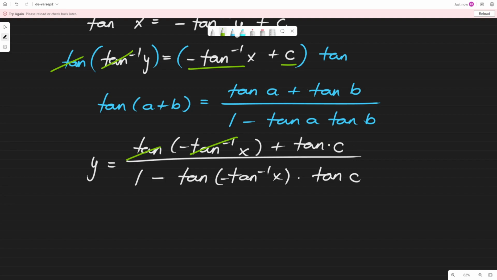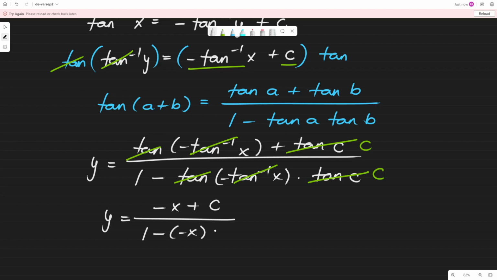Then tangent c, since c is an arbitrary constant, the transcendental function of any arbitrary constant, just like e raised to c, is also equal to c. So, c na lang yan. Okay, so we'll have y is equal to negative x plus c over 1 minus negative x times c.